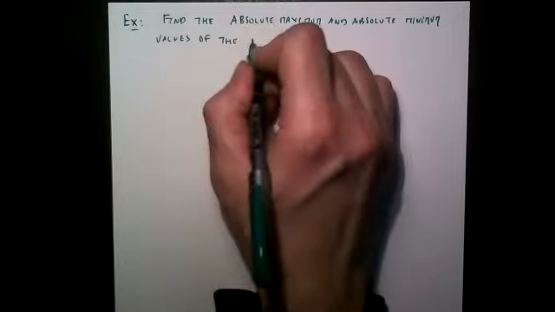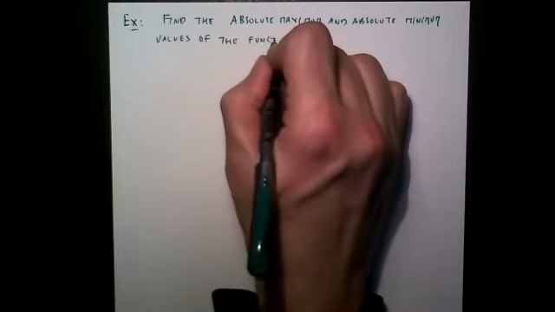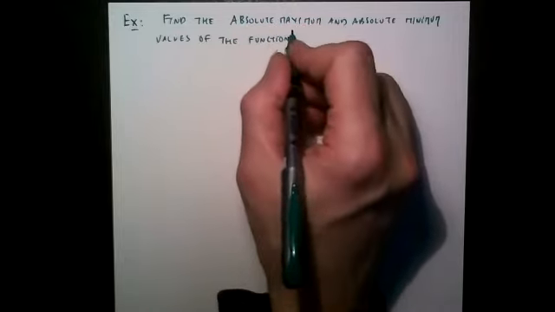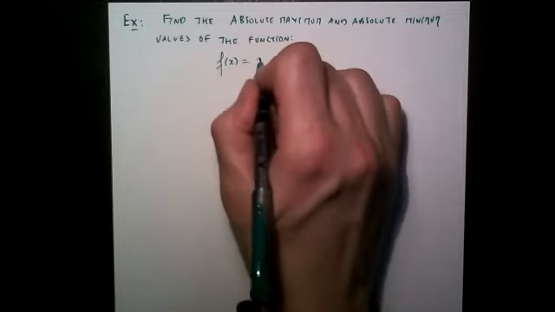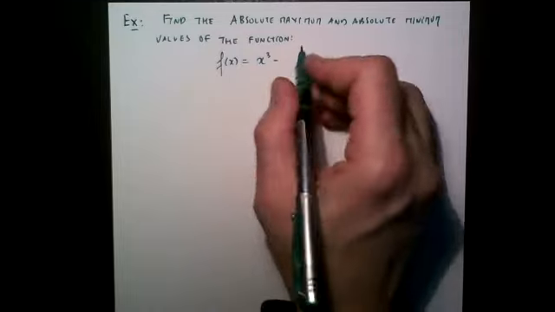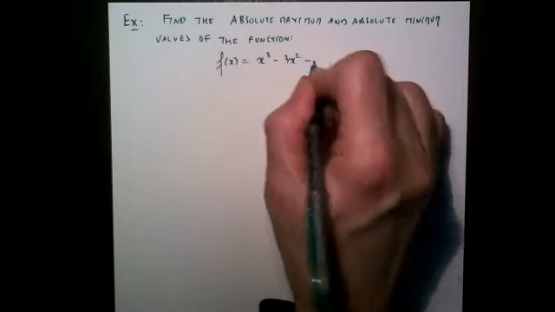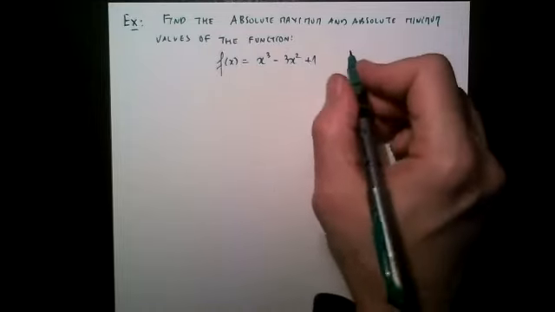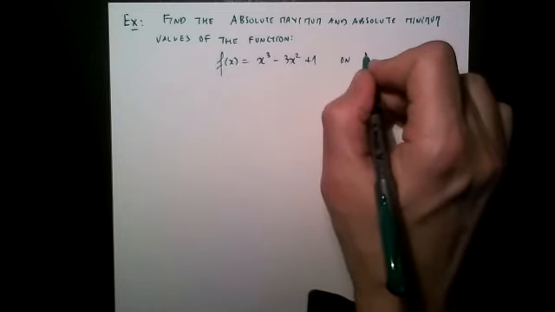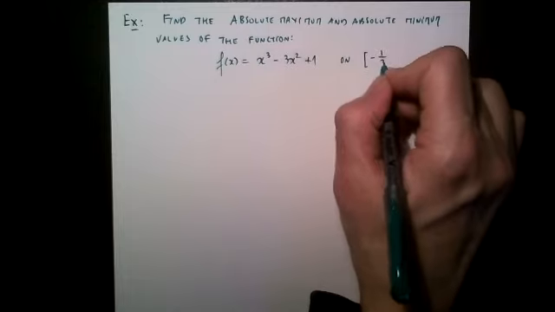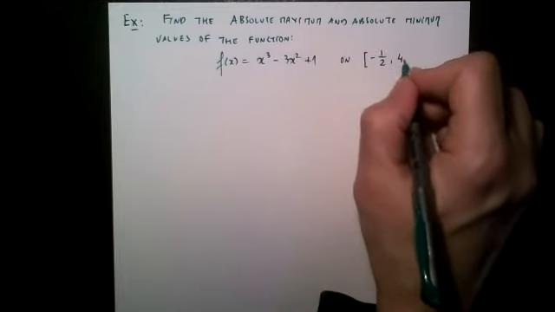I'm going to take this as an example from the book. f of x equals x^3 minus 3x^2 plus 1 on the closed interval from minus a half to 4.